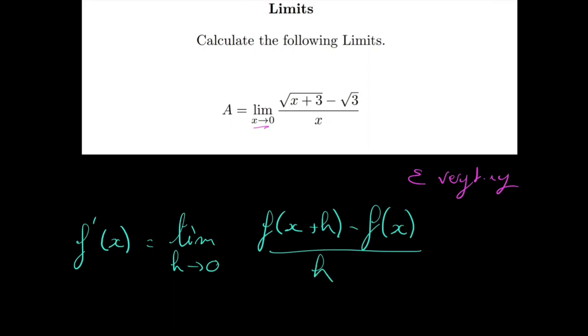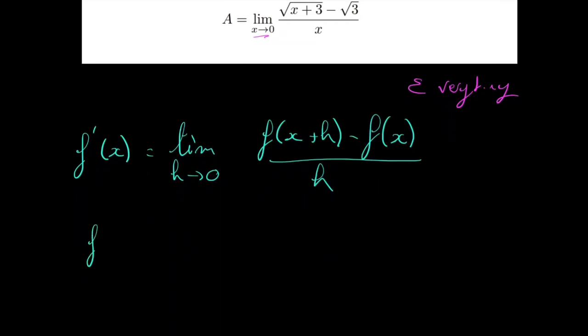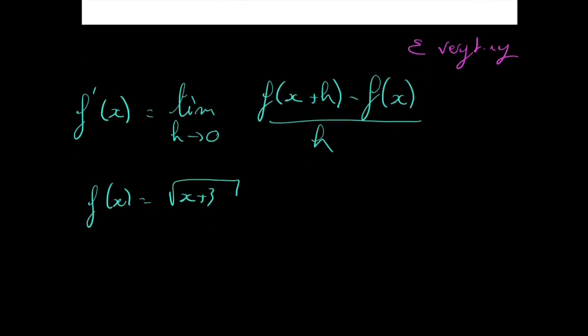And we can see the similarities between this thing here and this thing here. Because if we set the function, let's say that f of x is equal to square root of x plus 3, we can identify f of 0 as square root of 3.